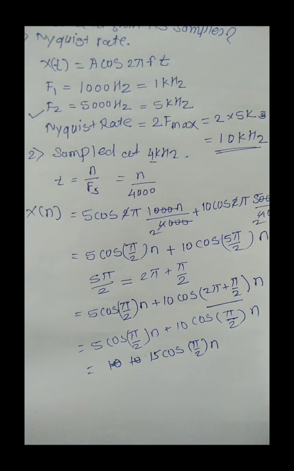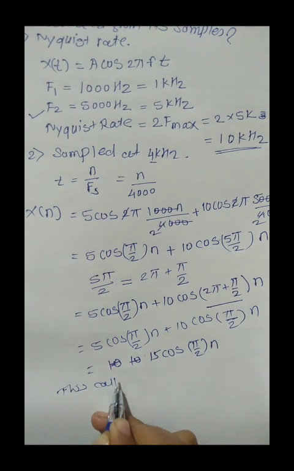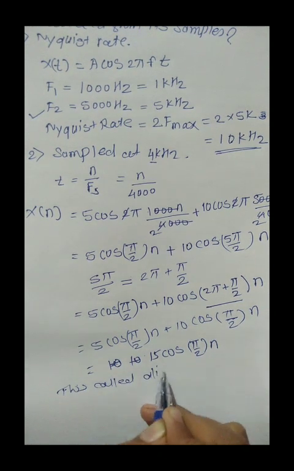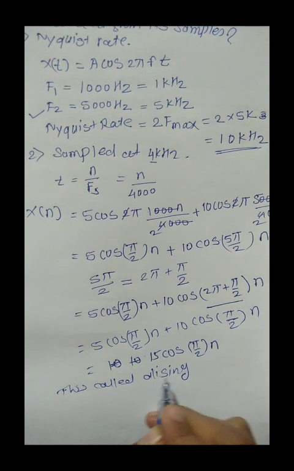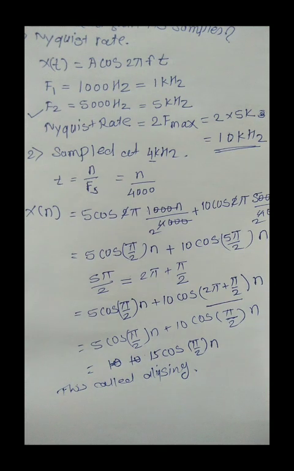This is called aliasing. The continuous time signal had two different frequencies, while the discrete time signal has only one frequency.